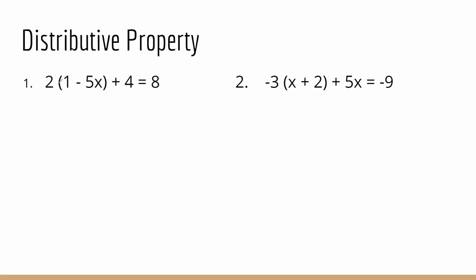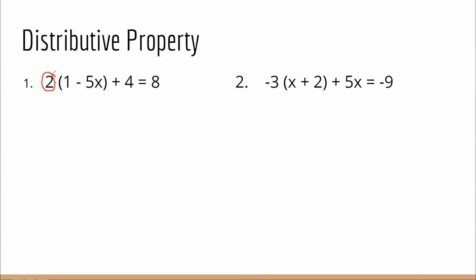Since there's no symbol right here, I know that this is going to be multiplication. The distributive property is telling us to distribute out that number. So distribute means pass out. If I had a bunch of candy, I could distribute that candy to all of you, which means everybody gets a piece of candy.